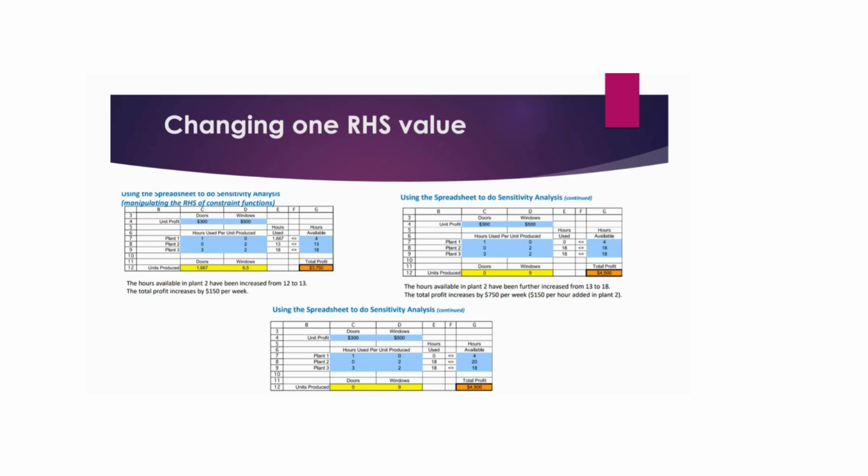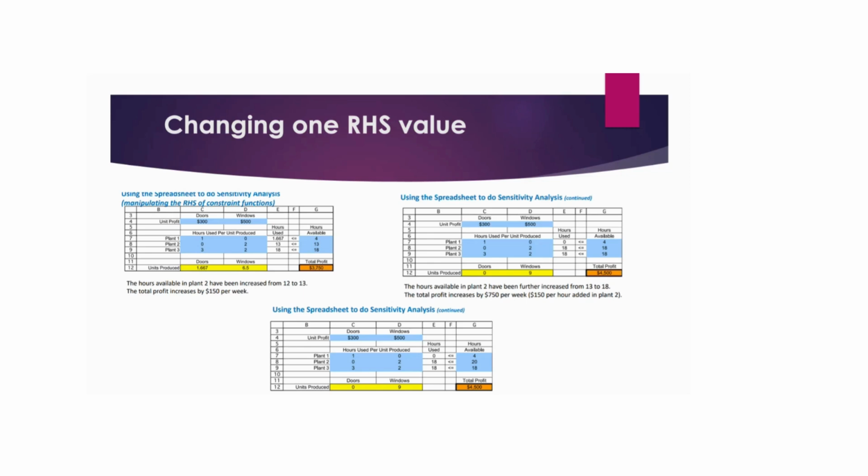Look at the total profit as well. We will look at the effect on the total profit as one of the right-hand side values changes, as we change one of these hours available. Okay, so let's look at Plant 2. It used to be 12 hours.